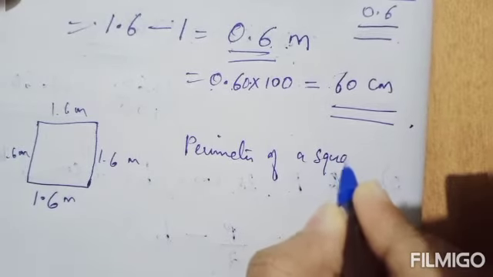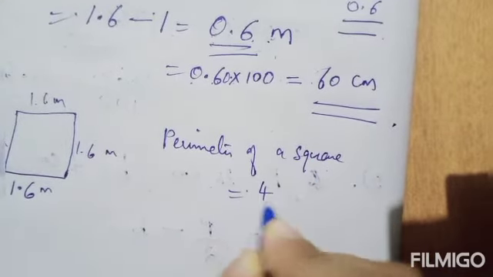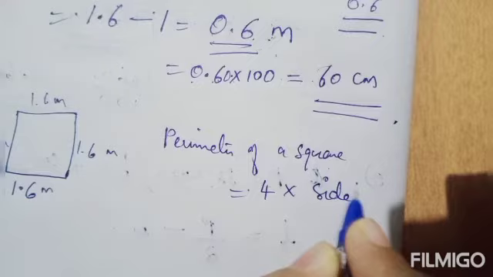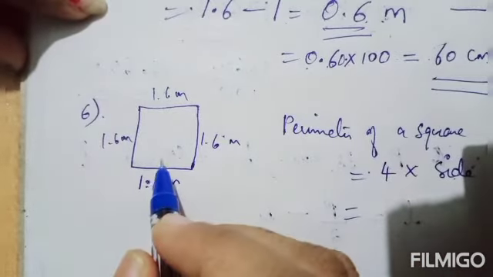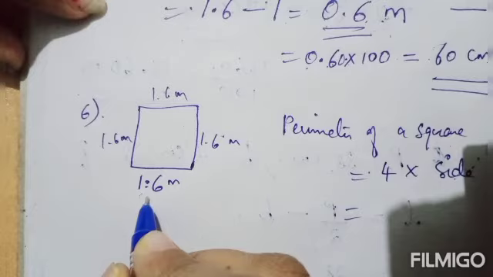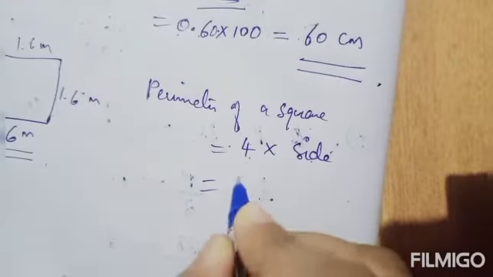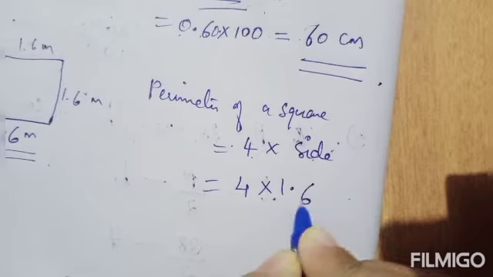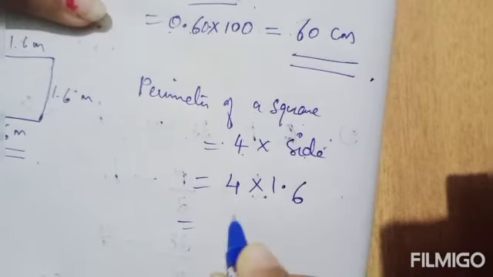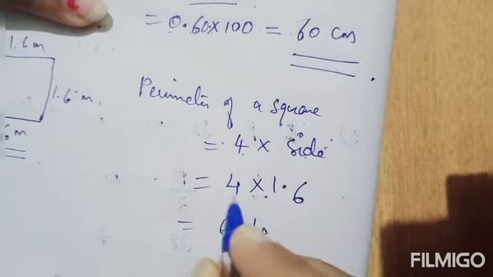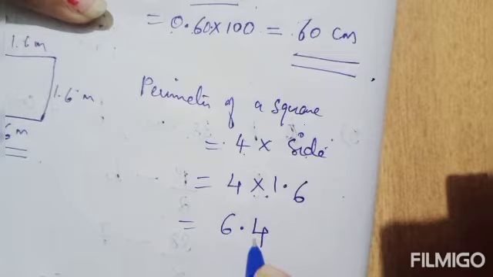It is 4 into side, meaning the length of its sides that we need to take. Here its side is 1.6 meter. So 4 into side, that is 4 into 1.6. You will get 6.4.